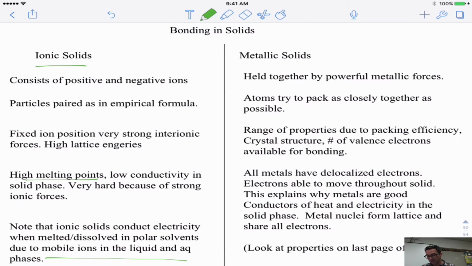Now, why do they have these properties? Well, these ionic compounds consist of positive and negative ions, and those ions are very, very attracted to one another. That leads to something called a high lattice energy.